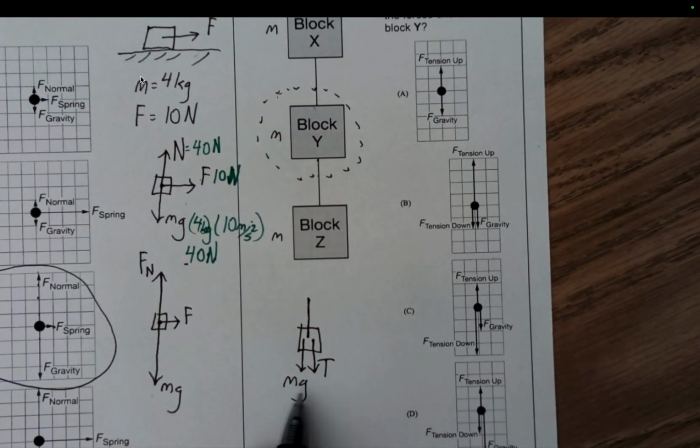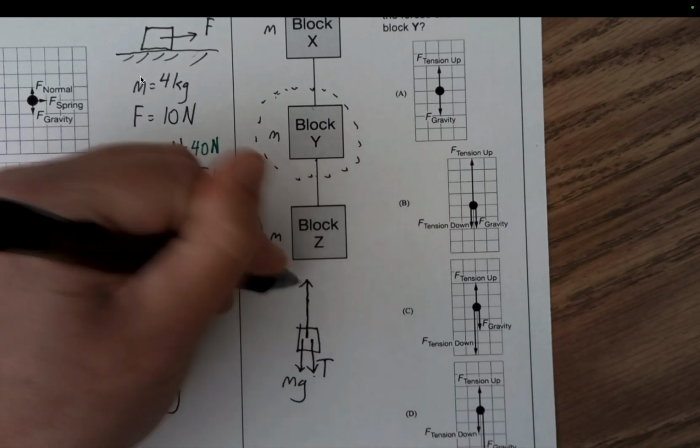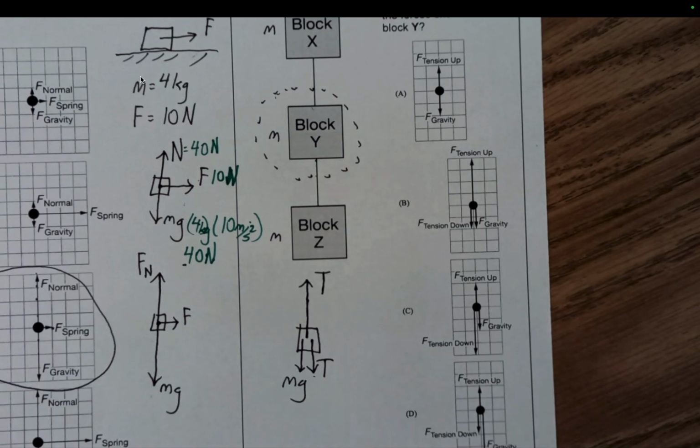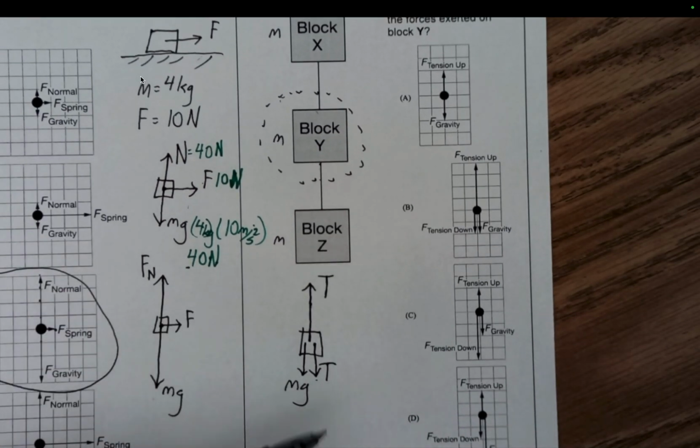But if I have these two going down, however much I have going down, I need to have it equal to going up, because this is not accelerating. So since it's not accelerating, however much up force I have, it has to equal the down force.